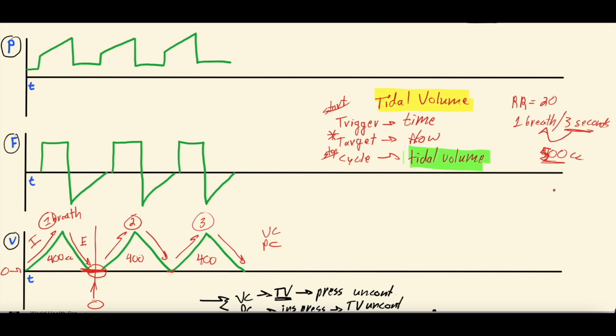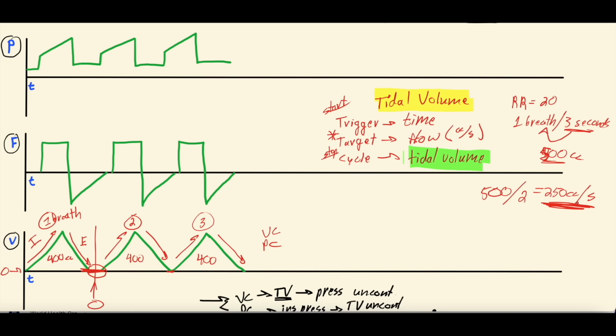Let's just say the breath is going to be 2 seconds long. So if the breath is 2 seconds long, the ventilator says, no problem, 500 over 2 seconds is going to be 250 cc's of air per second. And that's what I'm going to flow in, because this is air cc's per unit time, seconds. So what the ventilator actually targets is this flow. It's the cc's of air per second, because it knows then that it will give the tidal volume I'm setting over the duration of that breath.